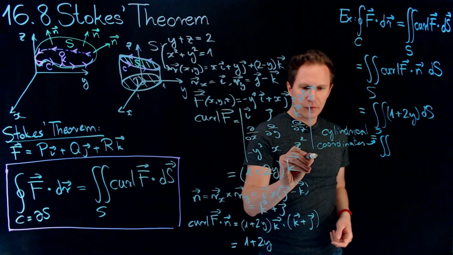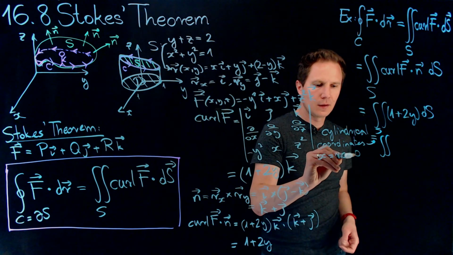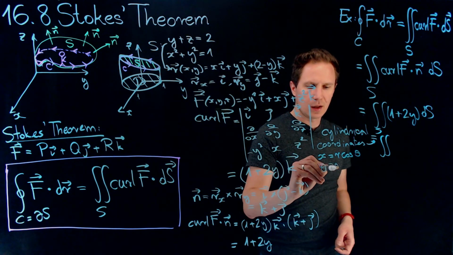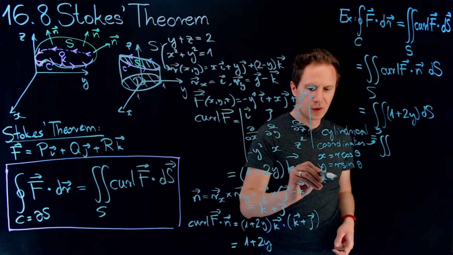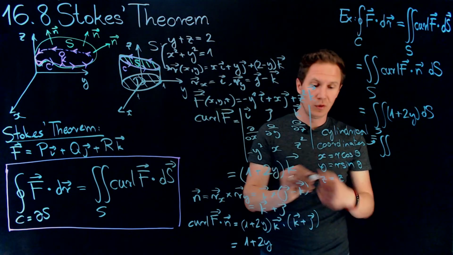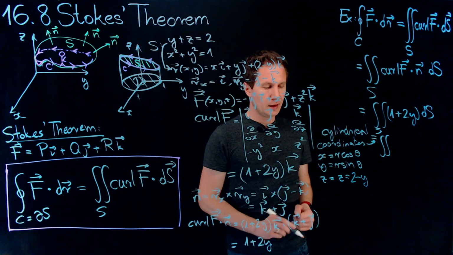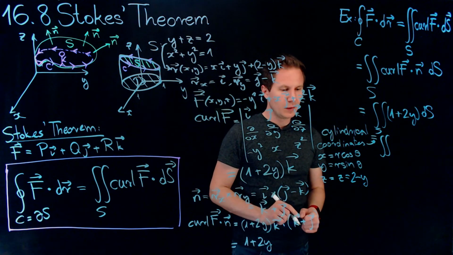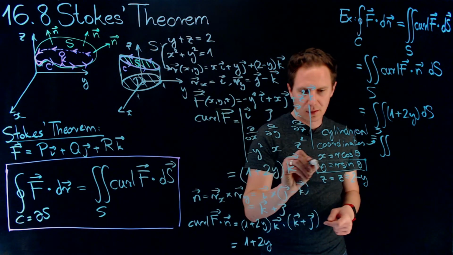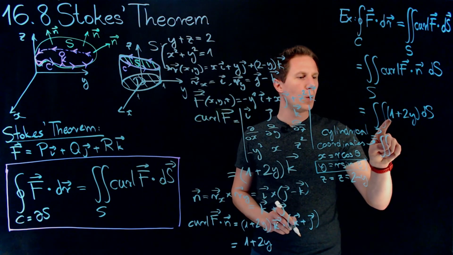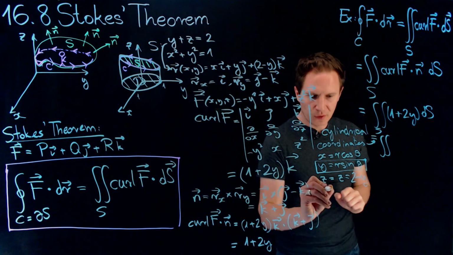Where we have x be r times the cosine of theta, y be r times the sine of theta, and z is of course equal to z, but it's also equal to 2 minus y in that plane. But the important thing here is y, because we have 1 plus 2y appearing in that integral.